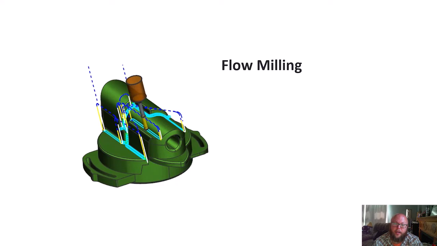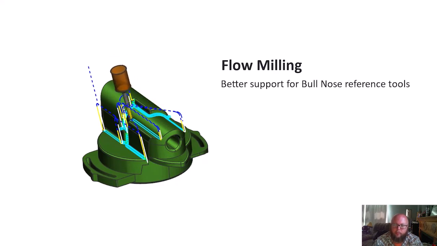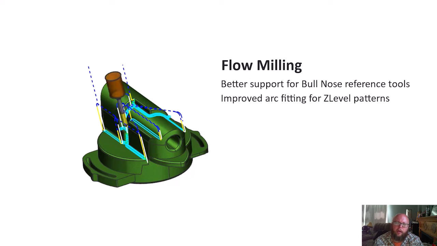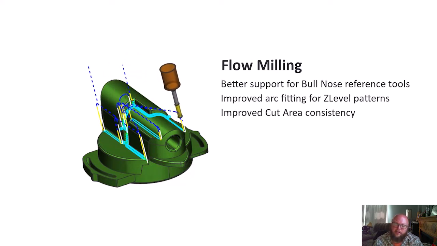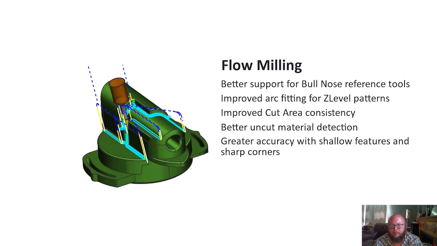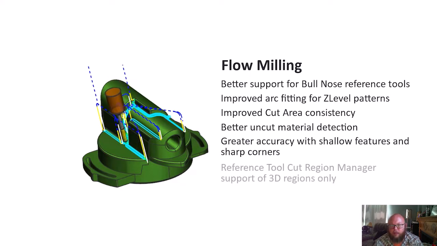That was a limitation or pain point in the past. We have better transitions between different cut levels, and much more consistent results in terms of various cut areas, uncut material detection, shallow features, and sharp corners, which sometimes presented problems. So we're going to have a lot of improvement and consistency inside of the flow milling operations.